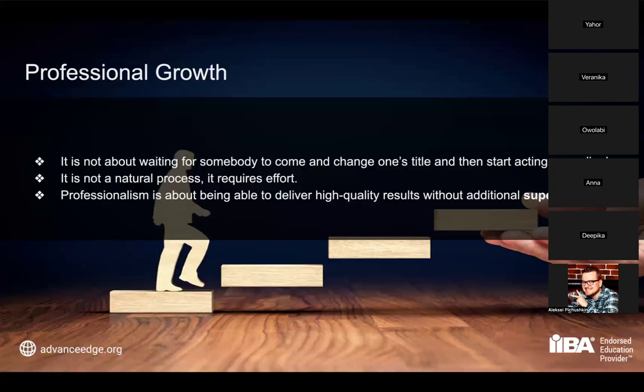As a summary, professional growth is not a natural process. By natural, I mean when you come to work and do your everyday activities over and over again, not introducing anything new, not learning anything new. It requires effort. It requires your decision to develop yourself and grow.